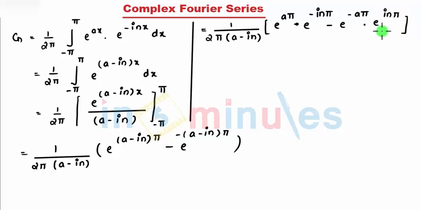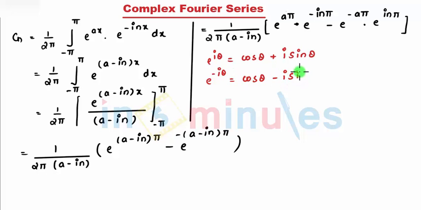Now we know that, students, e raised to i theta is cos theta plus i sin theta. Or else you can also say when it is e raised to minus i theta, it is cos theta minus i sin theta.